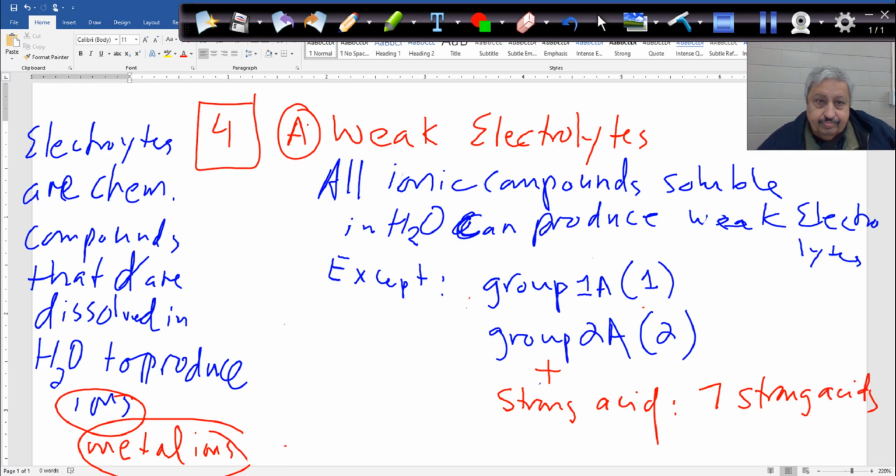I'll write the formula, and you can just look at their names there. I'll write their structure, and then you can name it. So you have HCl. This is what? Hydrochloric acid, correct? HNO3, nitric acid.